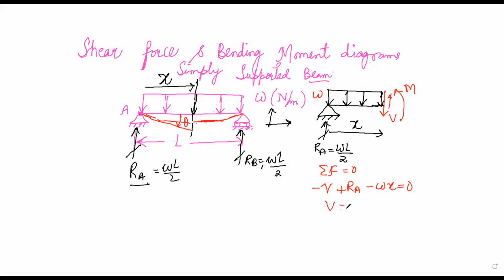Therefore, V becomes equal to Ra minus W into x. Therefore, shear force becomes equal to Ra, that is WL by 2, minus W into x. That's equal to W into (L by 2 minus x).